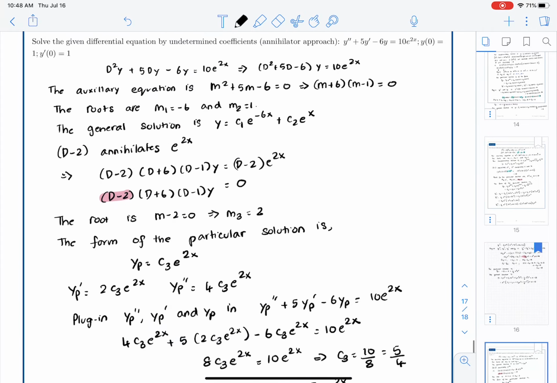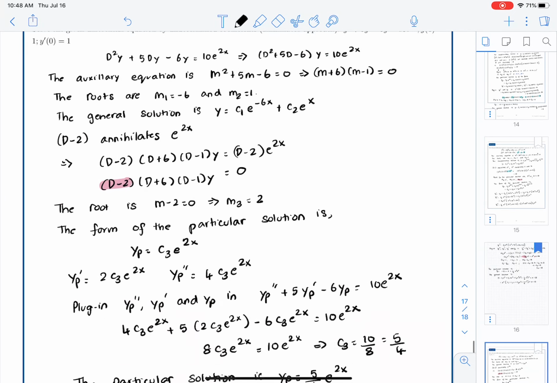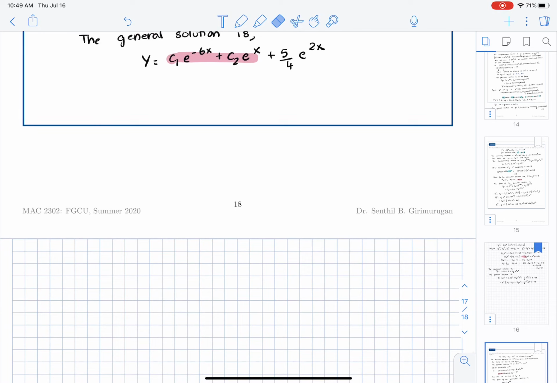Now we've got to find the constants. Y of 0 is 1, y prime of 0 is 1. Y prime is negative 6c1 e raised to minus 6x plus c2 e raised to x plus 5 over 4 times 2 e raised to x.